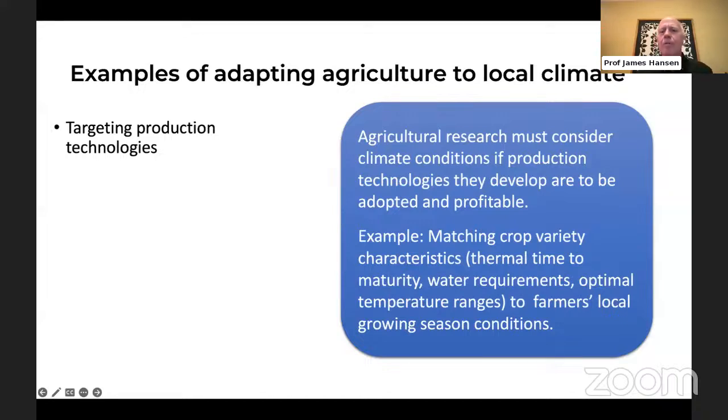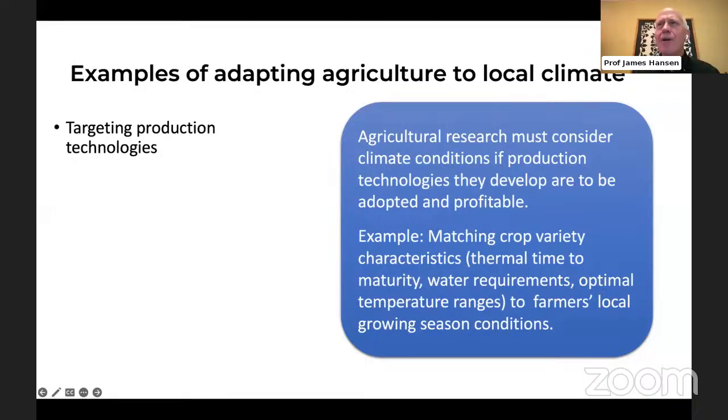So one example might be matching a breeding program or a seed distribution program, matching crop varieties with particular characteristics such as thermal time to maturity, water requirements, optimal temperature ranges to farmers' local growing season conditions, not just average, but also variability.